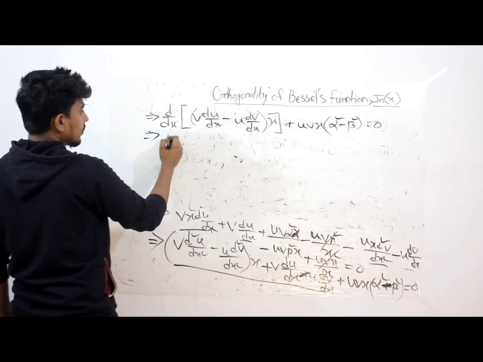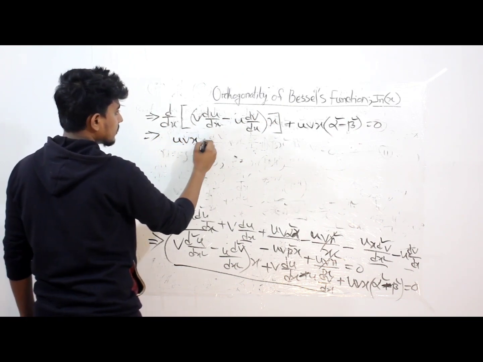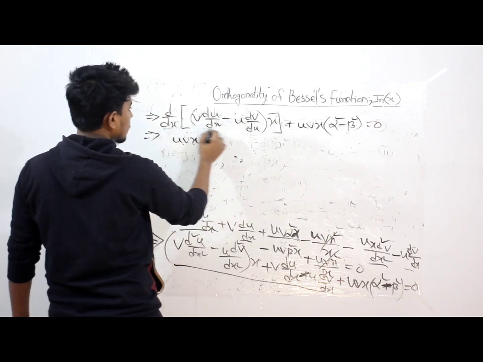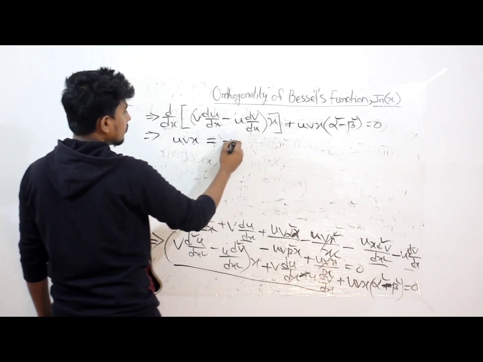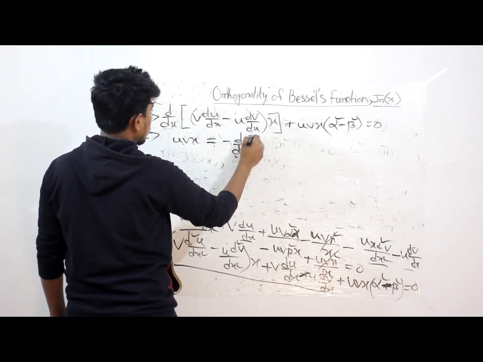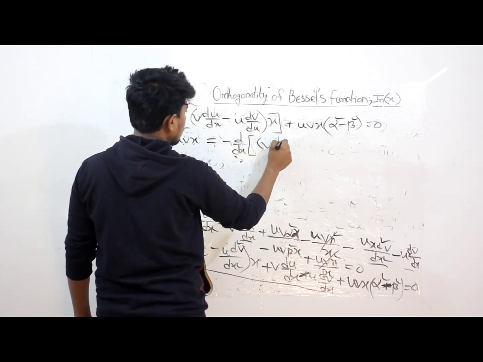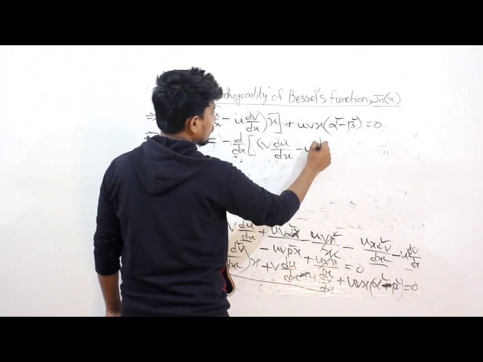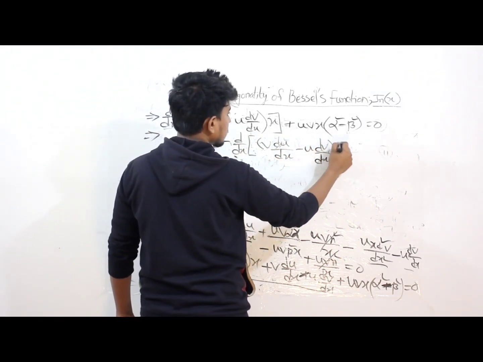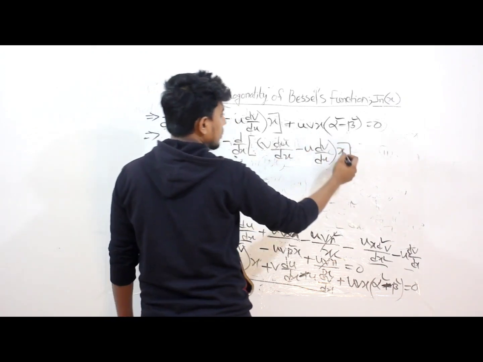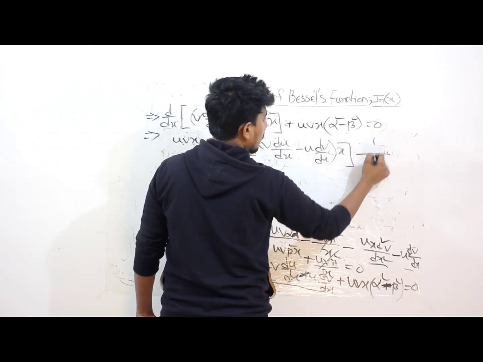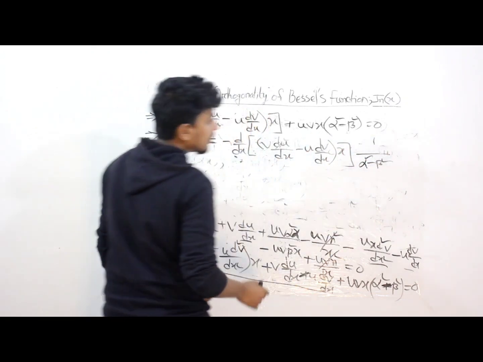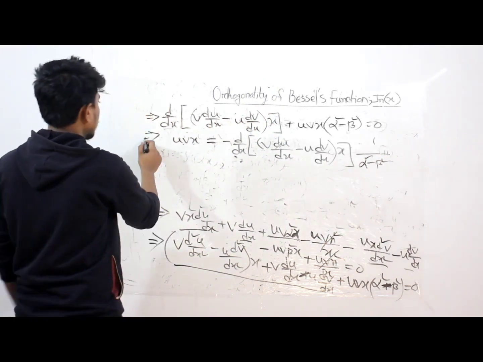Now u v x equals this term on the right side, d by dx of v du by dx minus u dv by dx into x, and alpha square minus beta square goes to the right side as 1 by alpha square minus beta square.